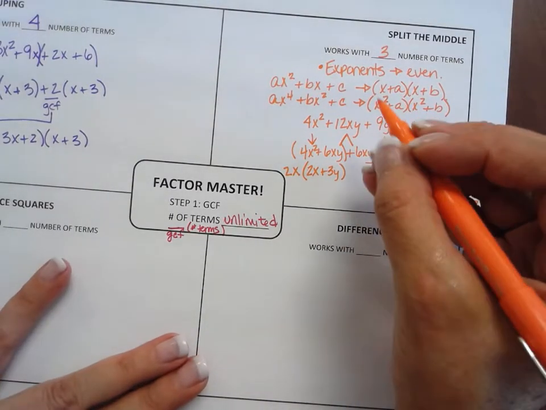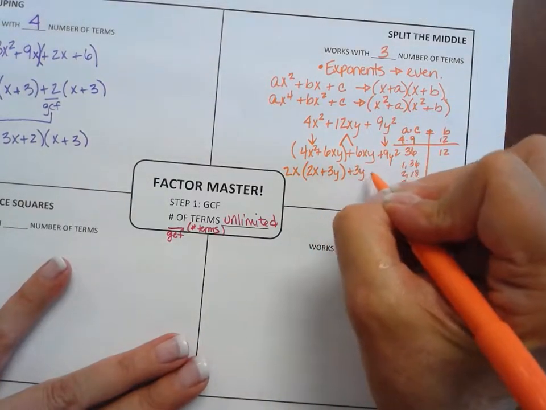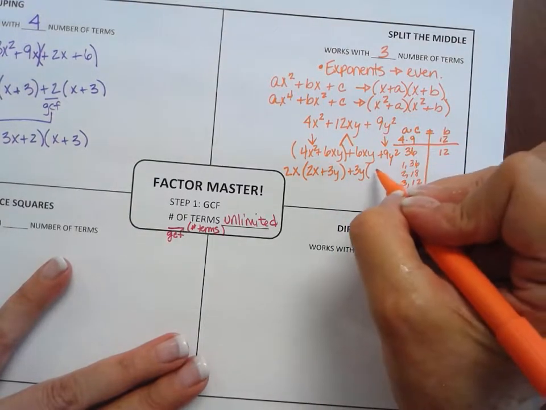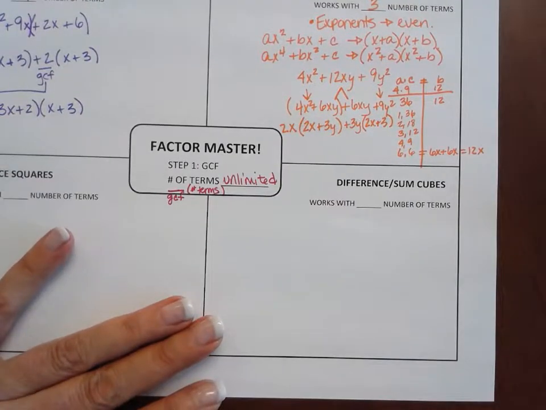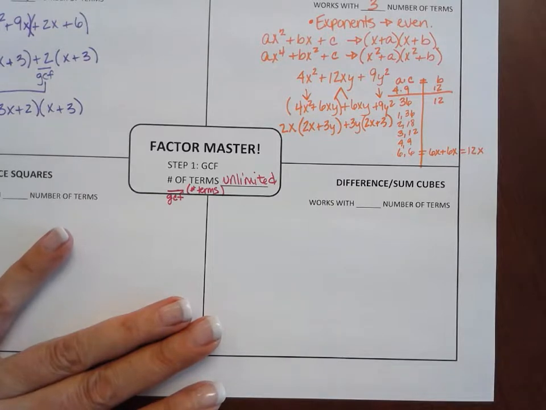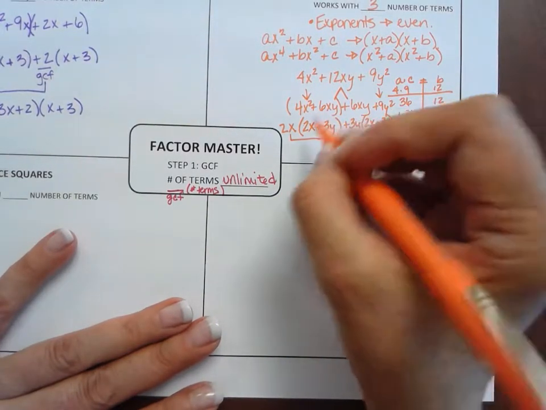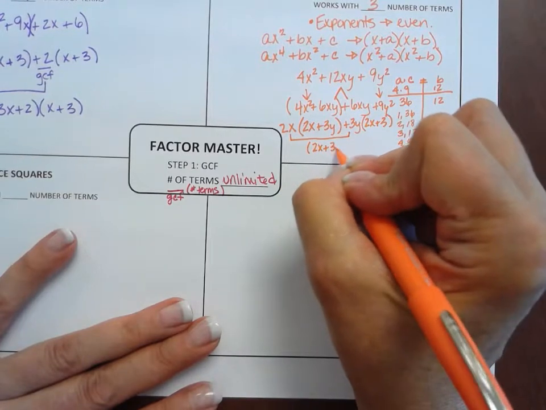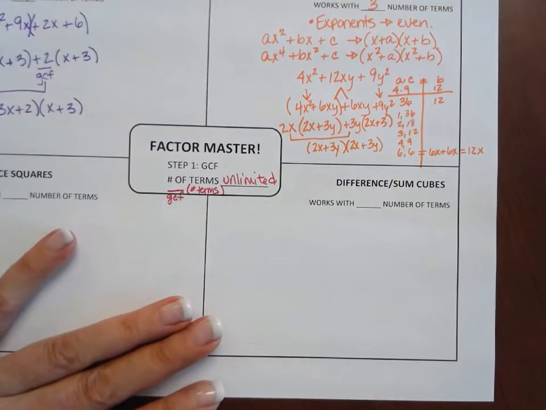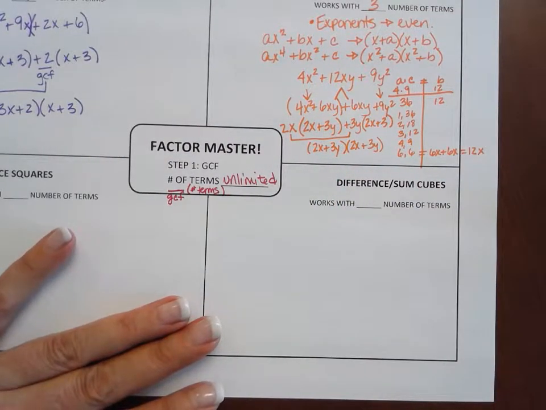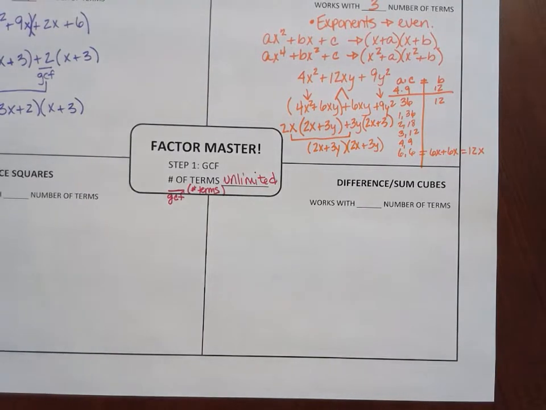And I have a 3y as a factor, which leaves me with 2x plus 3. With me? Am I going too fast? No? Okay. All right, let's regroup those together. 2x plus 3y and 2x plus 3y. Those are the same. I'm multiplying the same thing by each other.